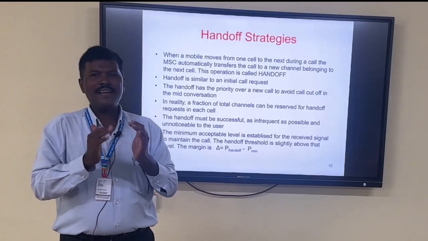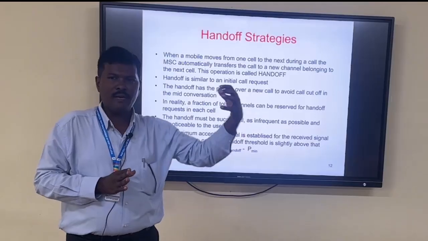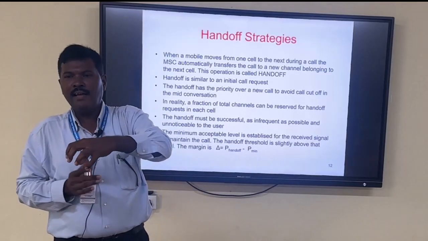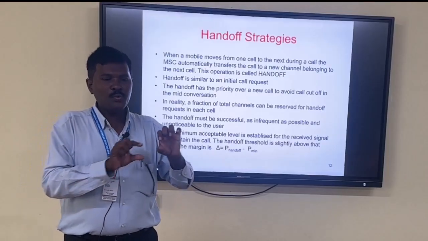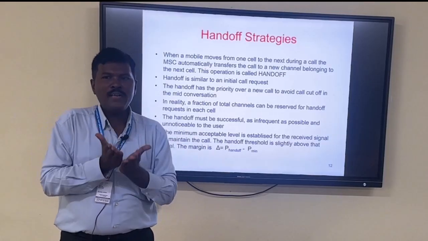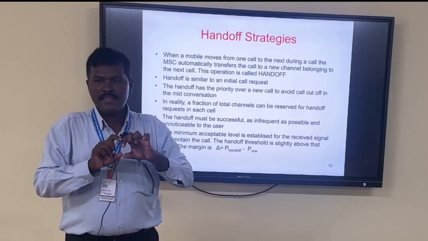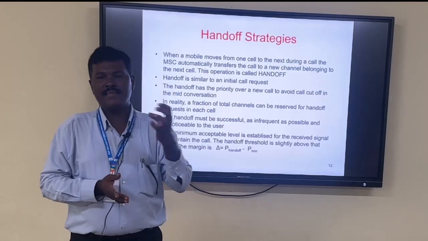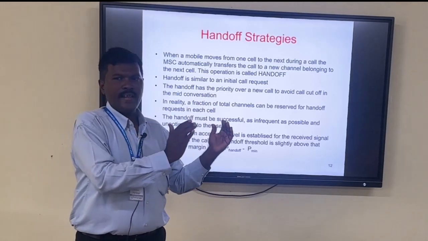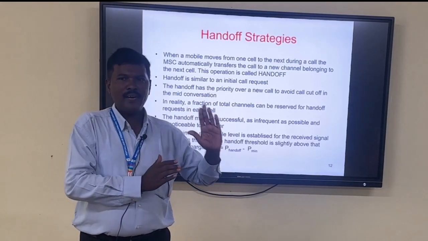So handing over the same signal from one cell to another cell by the mobile switching center is called handoff. Without disturbing the call, that call will be transferred from one cell to another. In one cell, the call is utilizing one particular channel.